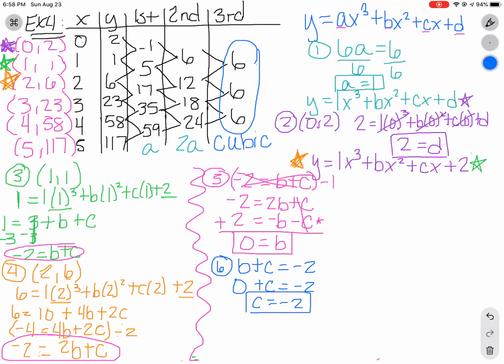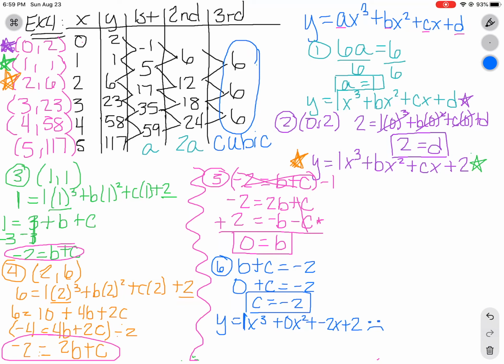So finally, I'm ready to rewrite with all of my coefficients. So I've got y equals 1x cubed plus 0x squared plus negative 2x plus 2. And you might say, well, that's a really, really ugly way of writing an equation. And I would say you're right. I would put a frowny face by this, even though it's technically correct. I would hate to see this because, first of all, we never put a 1 coefficient.